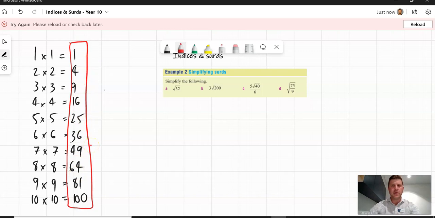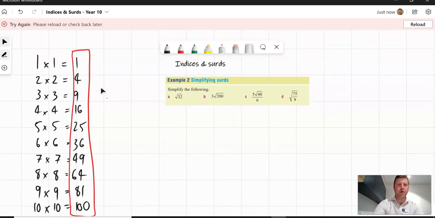Okay? Now, 1 squared is 1, 2 squared is 4. Alternatively, or as an inverse operation, the square root of 1 is 1. The square root of 4, which is a square number, is 2.